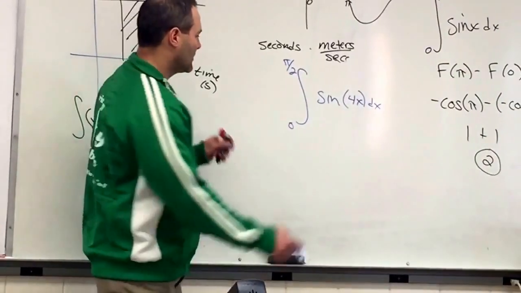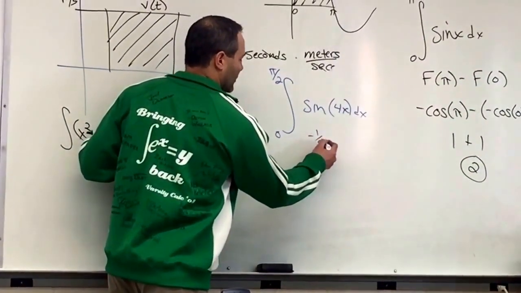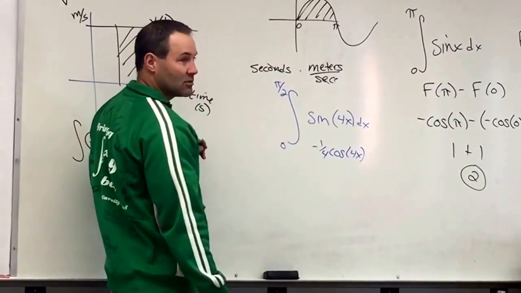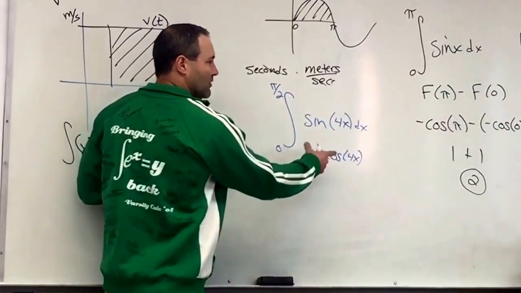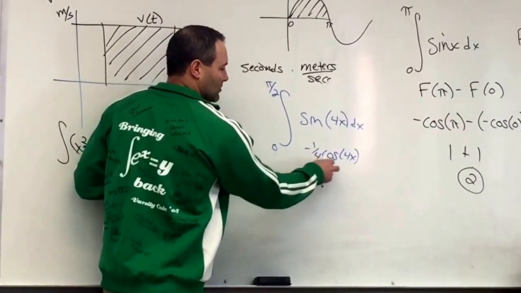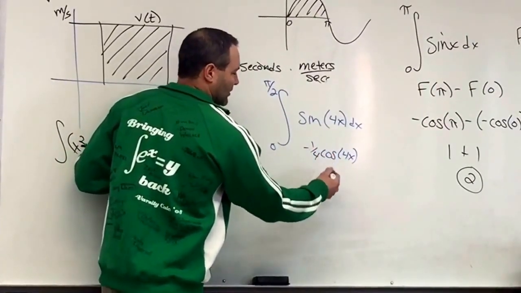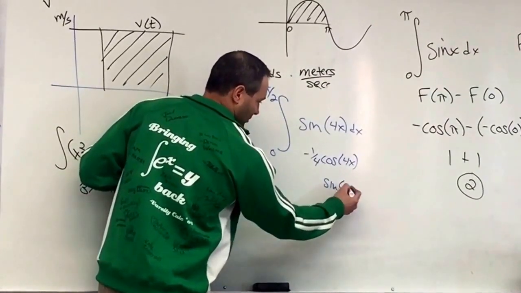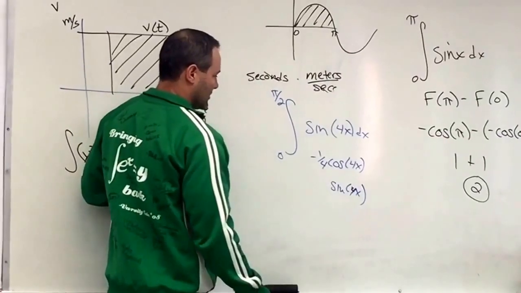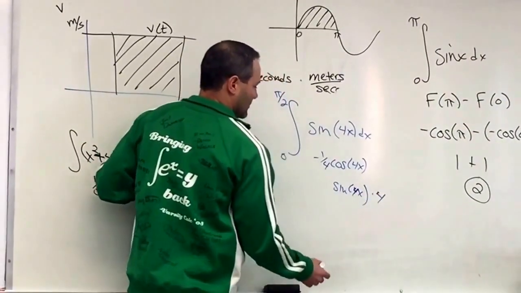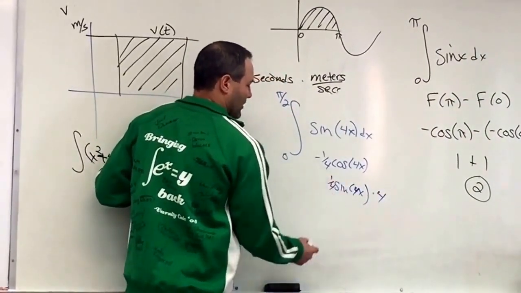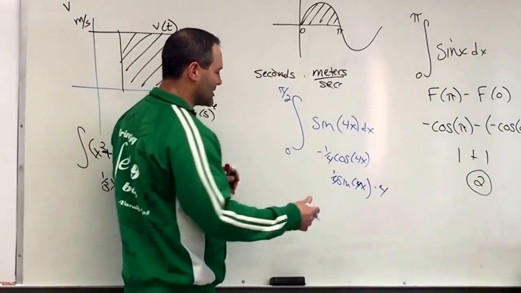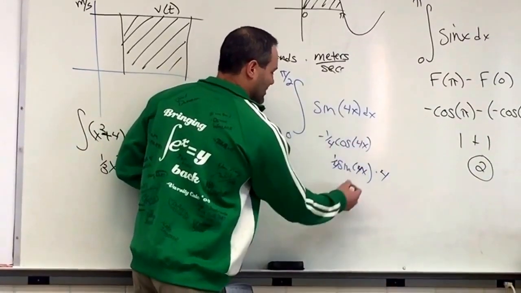The derivative of negative 1/4 cosine of 4x gives sine of 4x times 4, and you still have the 1/4 out front. So yes, we do end up getting what we started with.